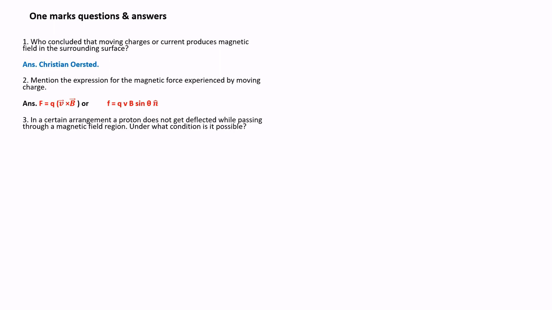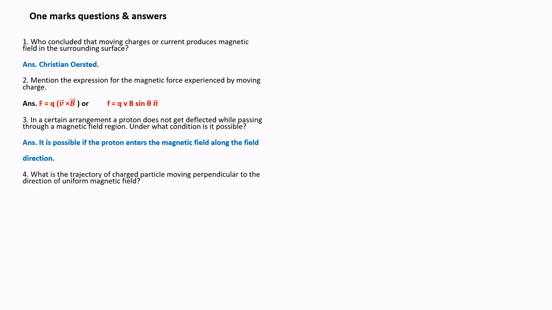Question number 3. In a certain arrangement, a proton does not get deflected while passing through a magnetic field region. Under what condition is it possible? It is possible if the proton enters the magnetic field along the field direction.